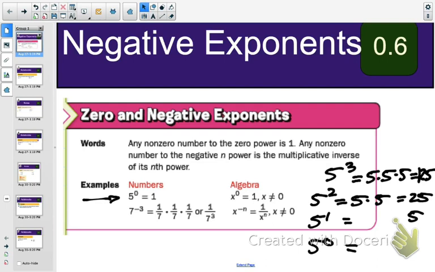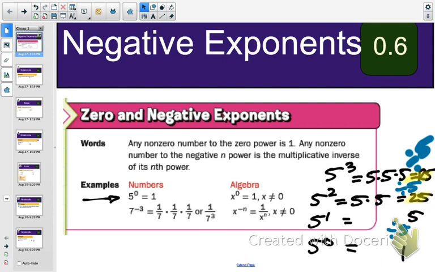But if you look at your pattern here, to get from 125 to 25, you have to divide by 5. That's smaller. Okay, and then to get from 25 to 5, you have to divide by 5. So if we continue the pattern and keep dividing by 5, 5 divided by 5 is 1.